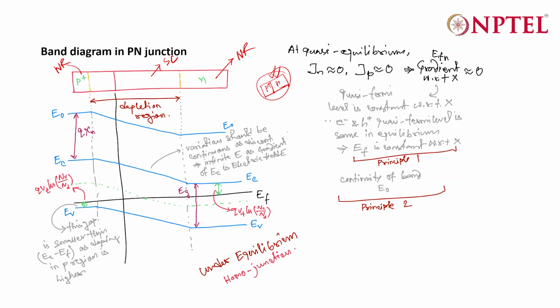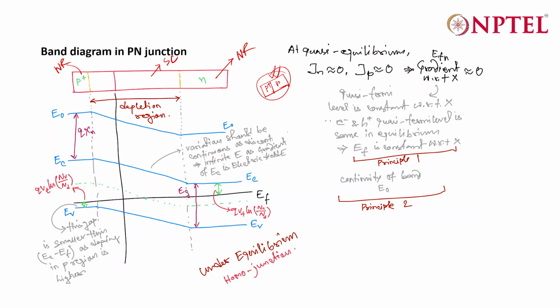Now, to begin with the band diagram, we would first see where the Fermi level lies. So, in case of equilibrium condition, we know that the change in the Fermi level with respect to x is 0. That is, the gradient of the Fermi level with respect to x is 0 under equilibrium.